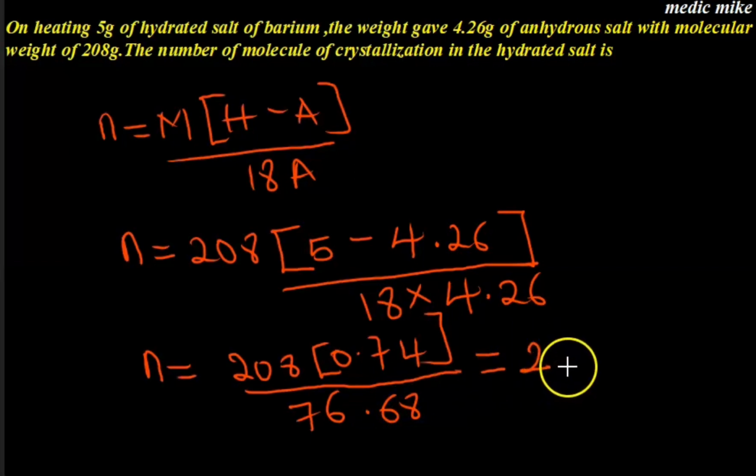So our N is equal to 2. And what that means is that anytime barium goes into a reaction to form a salt in an aqueous solution, it is definite that the water of crystallization will be equal to 2. And this water of crystallization, as I earlier explained, gives the color and shape to all crystalline salts.